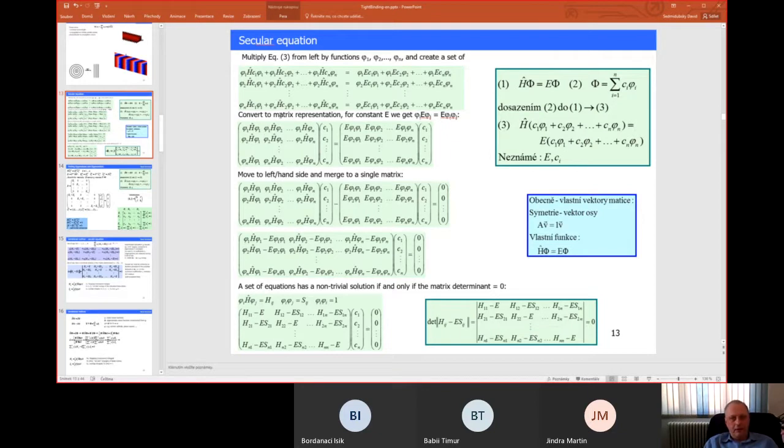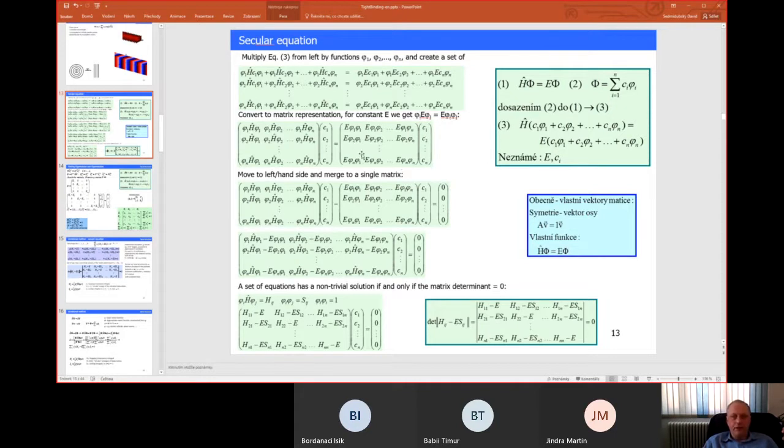Then we convert it to a matrix representation. So from this set of equations, we have a matrix which contains these matrix elements times the eigenvector, and on the right hand side we have the energies multiplied by the matrix elements of the overlap matrix, and again multiplied by the eigenvectors.